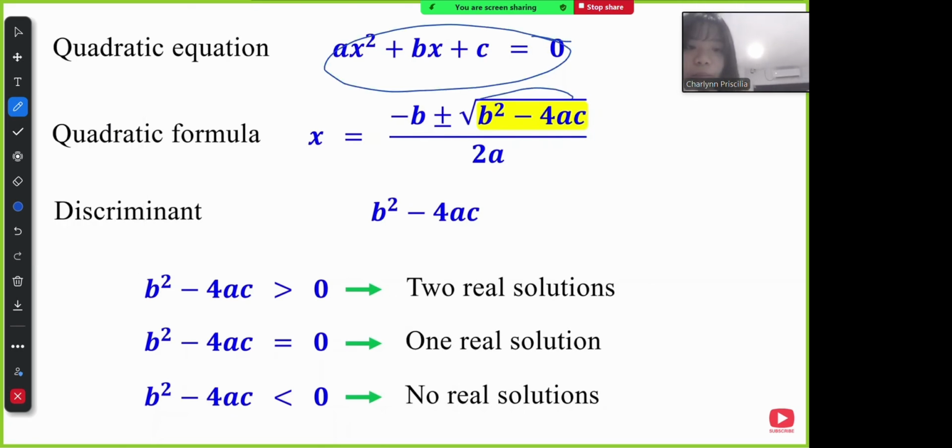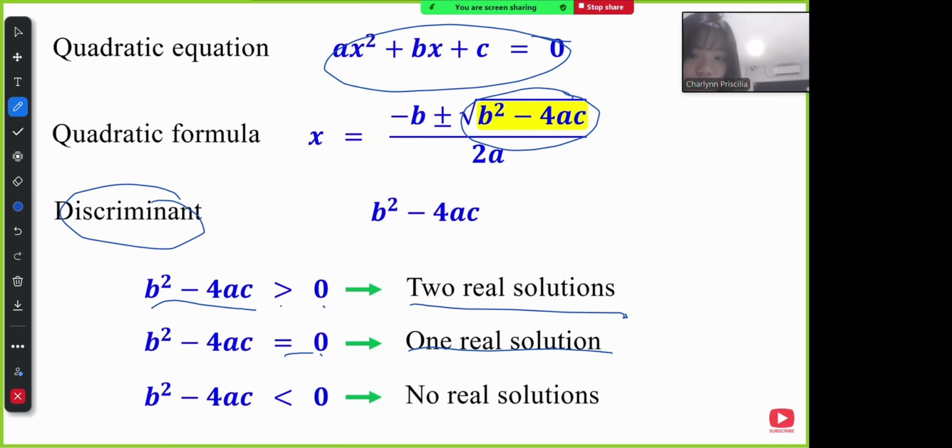However, the expression under the square root, which is b squared minus 4ac, is the so-called discriminant. If the expression is bigger than 0, there are two real solutions. If it equals 0, there is only one real solution. If it is smaller than 0, then there is no real solution.